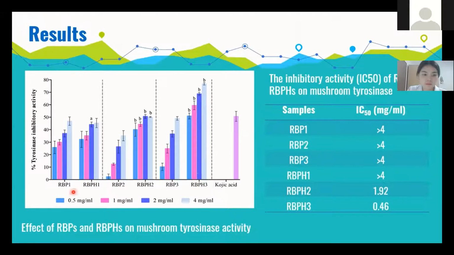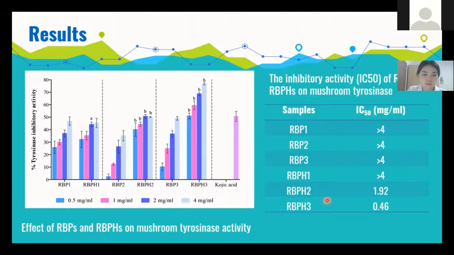Also, RBP1 and RBPH1 show an inhibitory effect on mushroom tyrosinase activity of less than 50%, but both inhibitory effects on the enzyme were not significantly different. This table shows the IC50 of RBP and RBPH on the mushroom tyrosinase.